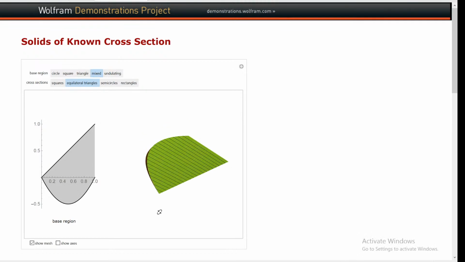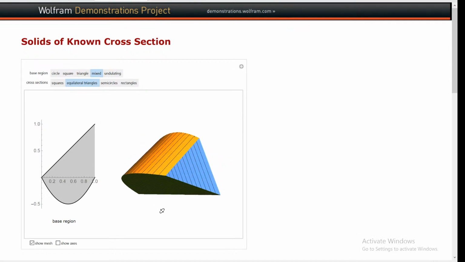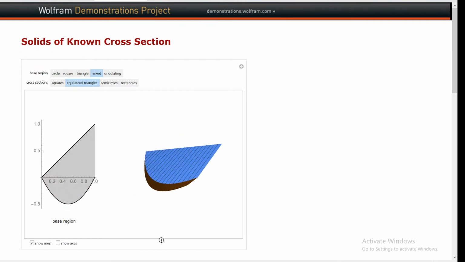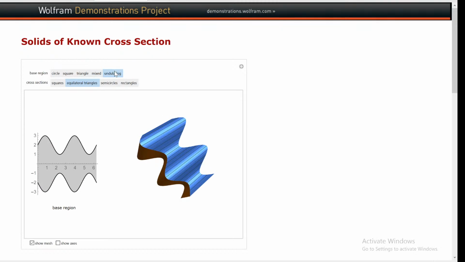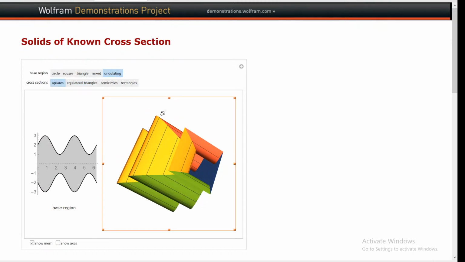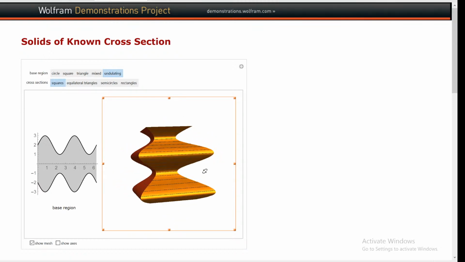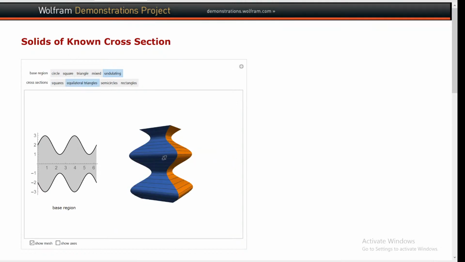You can see the base shape. If we look at it from this side, it's rotated. But in 3D, it makes some weird looking stuff. And then the undulating is probably the weirdest of all. Even squares with undulating makes a really cool pillar. Honestly, I always think that these ones here look like some ships from Star Wars or something.